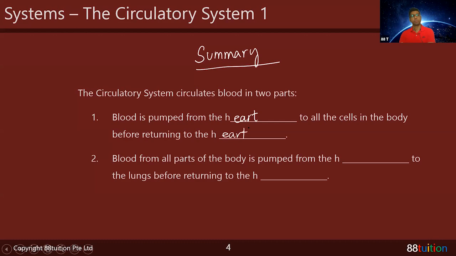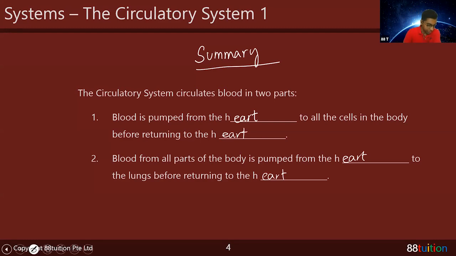Okay. So this is the first circle, double circulatory, right? This is the first circle. Blood is pumped from the heart to all cells before returning to the heart. Okay. Blood from all parts of the body is pumped from the heart to the lungs before returning to the heart.